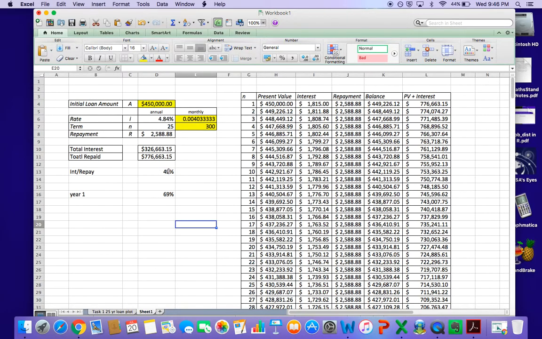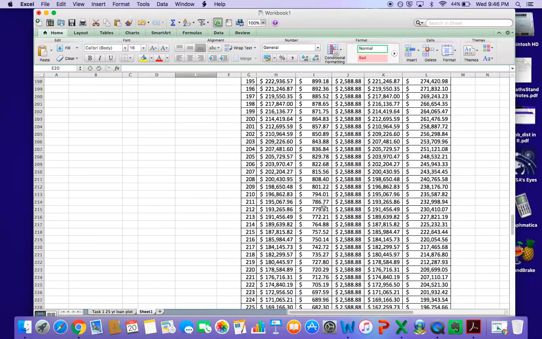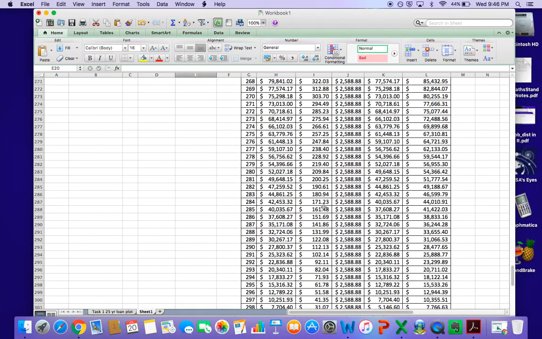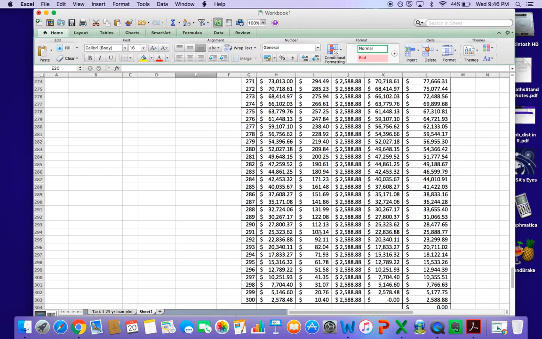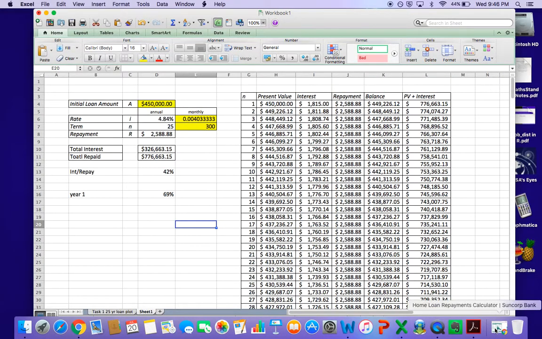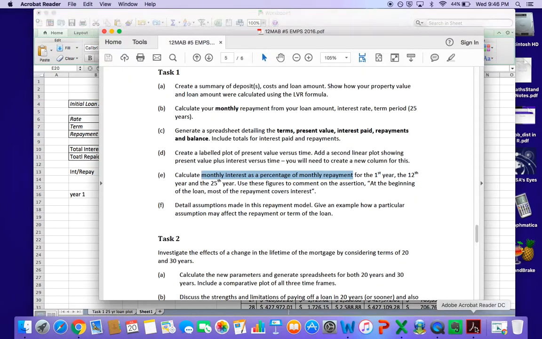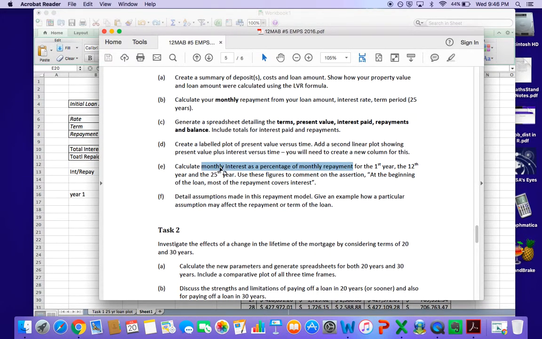So what we can see there is what you pay back, 69% of that is just covering the interest. Okay, overall it's 42. If you look at the last year, you can see the interest being paid is $100 or less. So that's a much smaller percentage of the repayment. So that should be a prompt to answer the question, or to comment, I should say, on the assertion that at the beginning of the loan, most of the repayment covers interest.